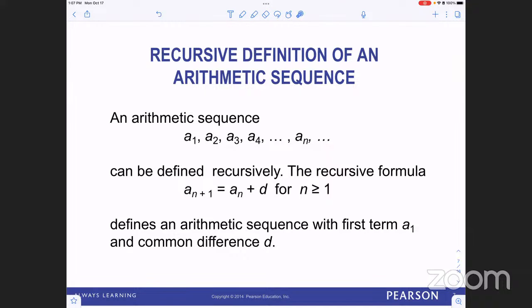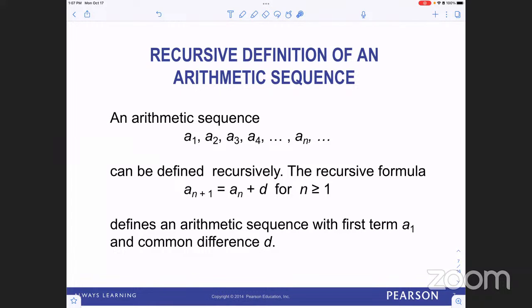The recursive formula is that a sub n plus 1 is the nth term plus the common difference, as long as n is greater than or equal to 1. For instance, the second term is the first term plus the common difference, and so on. This defines an arithmetic sequence with first term a1 and common difference d.